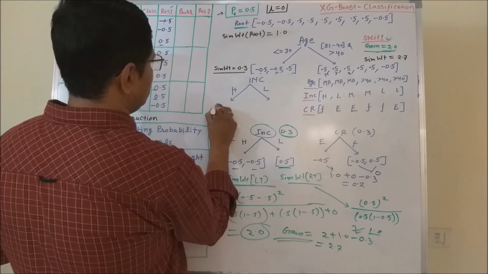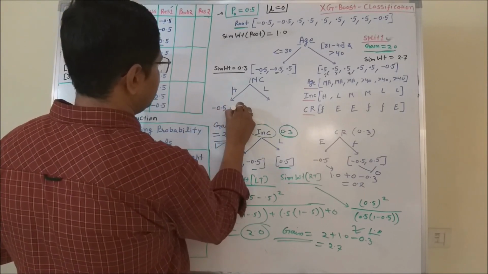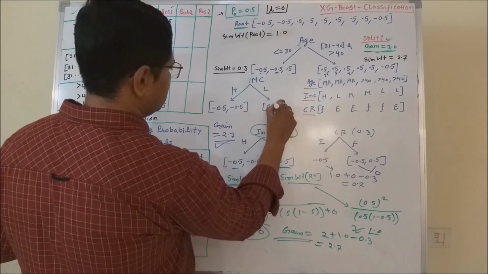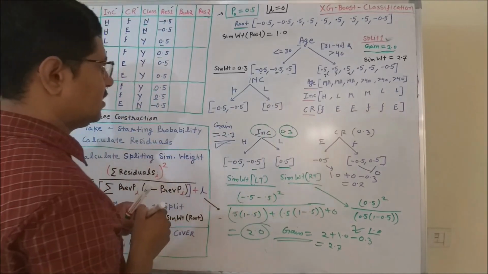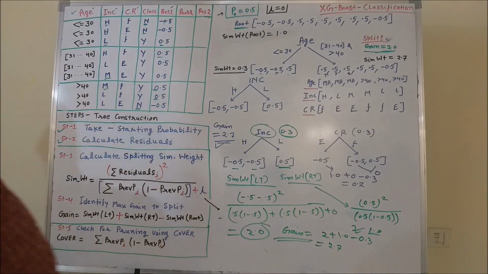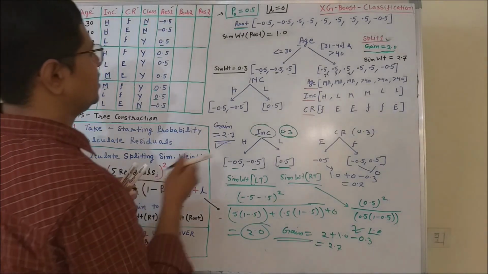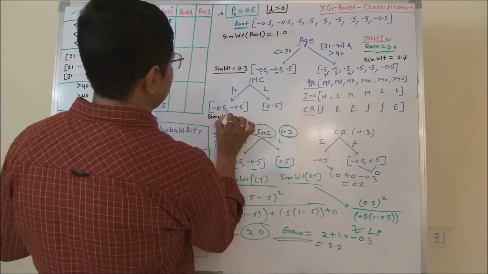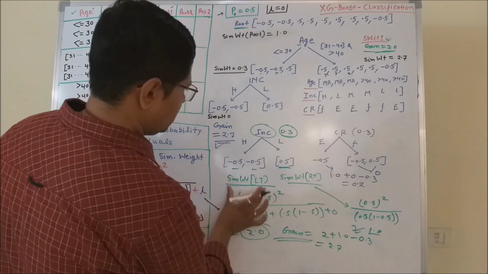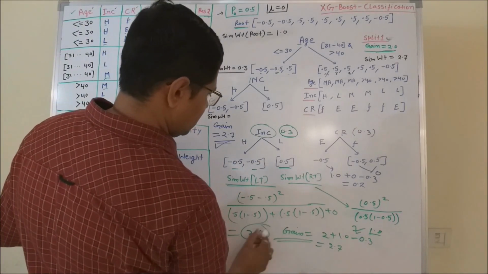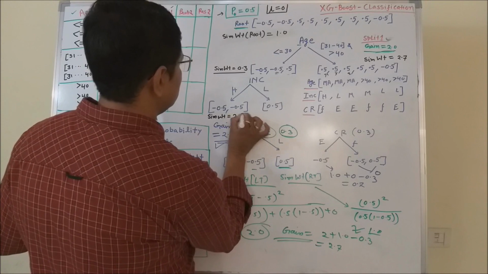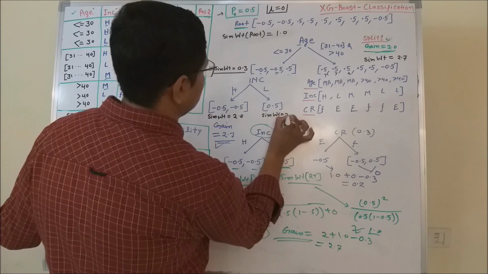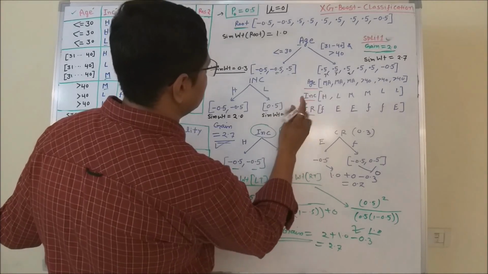And it will be equal to minus 0.5, minus 0.5, and here it will be 0.5 only. Another important thing that we have to note here is our computed similarity weight. So here, the similarity weight that we computed for this was 2.0, and for this it was 1.0.